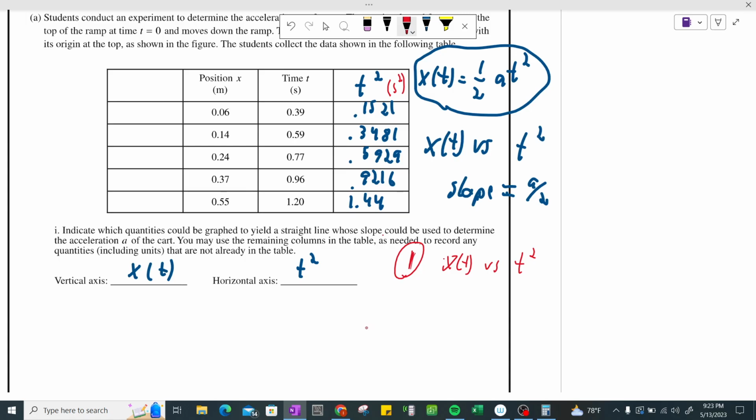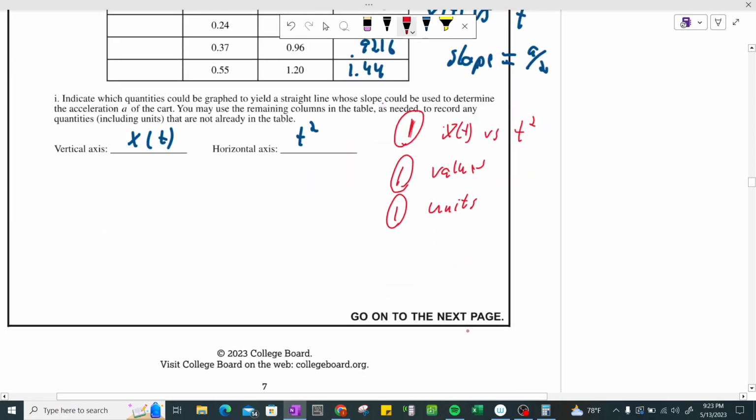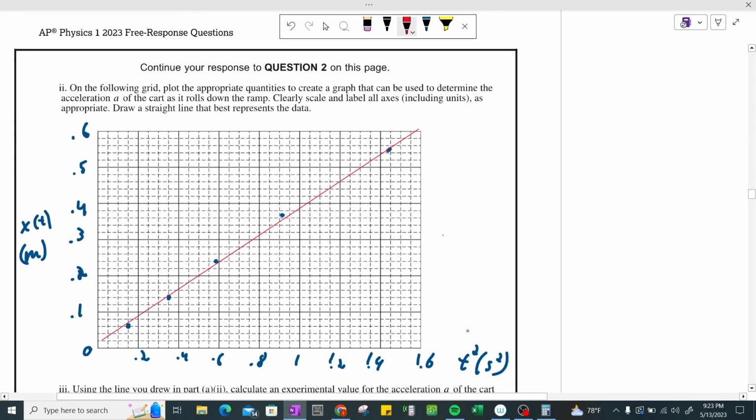Let's see, using columns. And let's say, actually, we'll say 1 point for the values and maybe a point for the units. I think getting 3 on this would be kind of generous, but I bet it's for sure at least 2, maybe a third point.